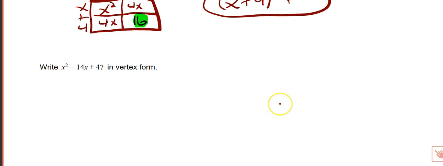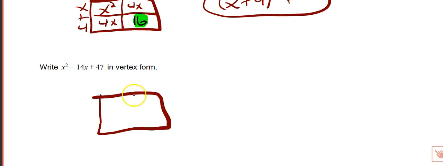One more. I'm going to take my middle term and cut it in half. So I'm going to have a minus 7x and a minus 7x. So I'm going to have x minus 7 and x minus 7.